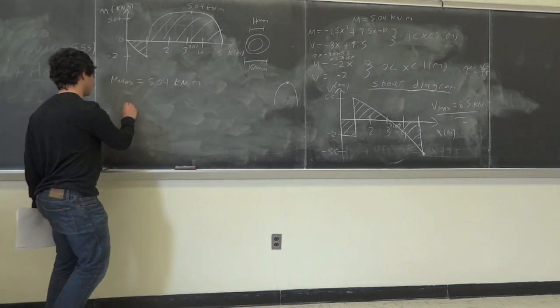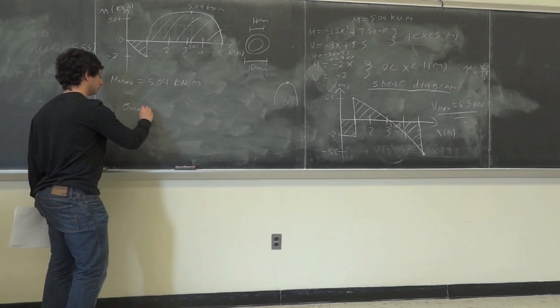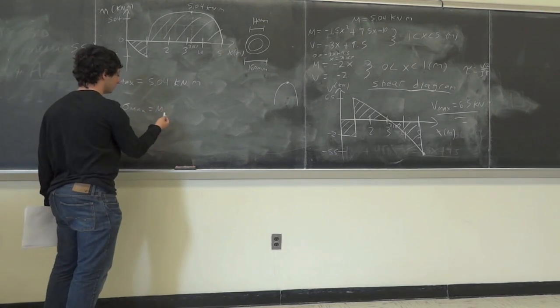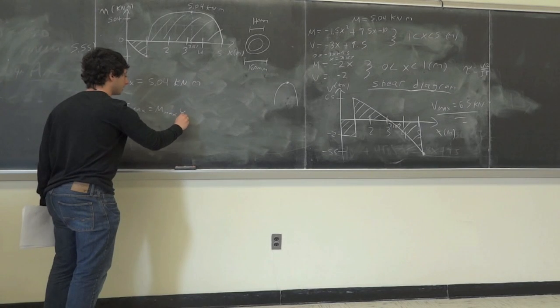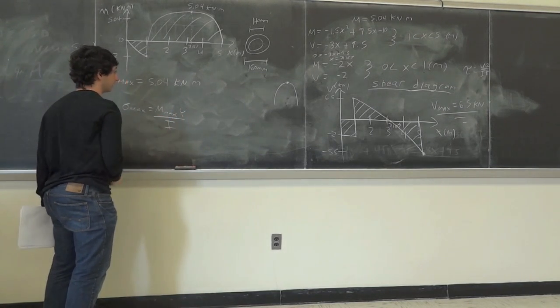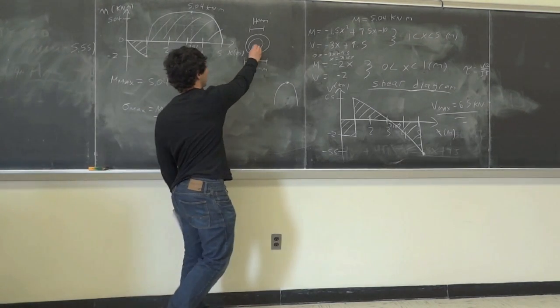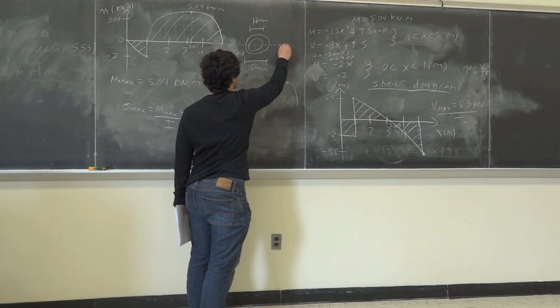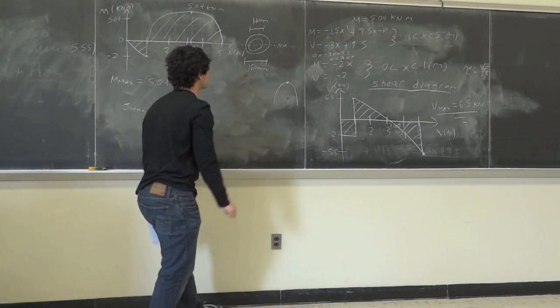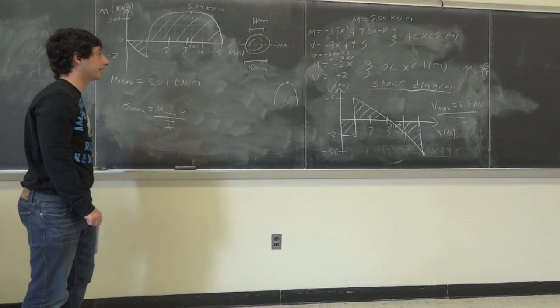Well, we know sigma max is equal to M, well, the moment's max, it has to be max, M y over I. This is a cross section over here. This is the neutral axis. It's right in the middle. Okay, so what's y?